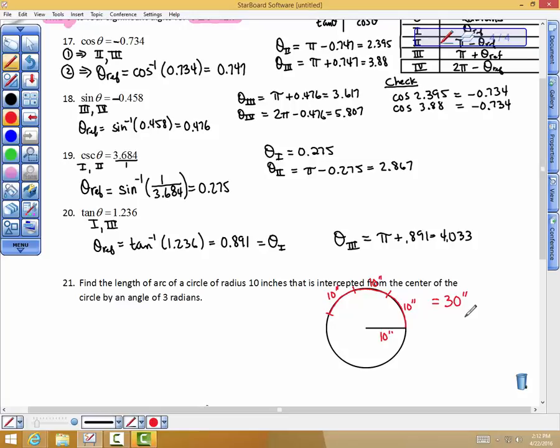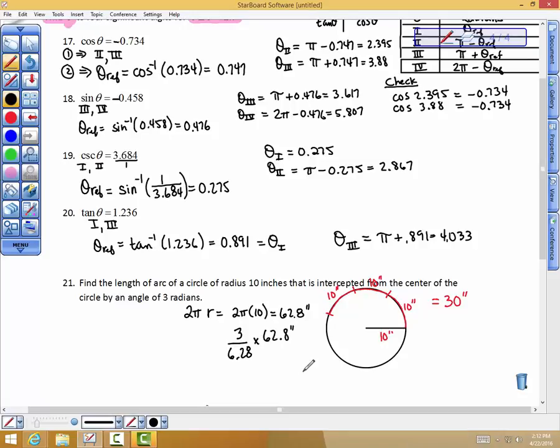You could also write that as a ratio if you'd like. So you know that the circumference of a circle is 2 pi times the radius. So you could take 2 pi times 10 and get 62.8 inches. But we've taken 3 out of the 6.28 radiuses of that 62.8 inches.